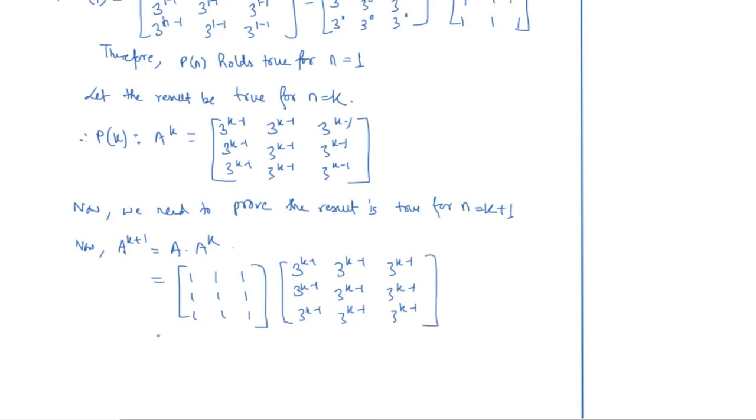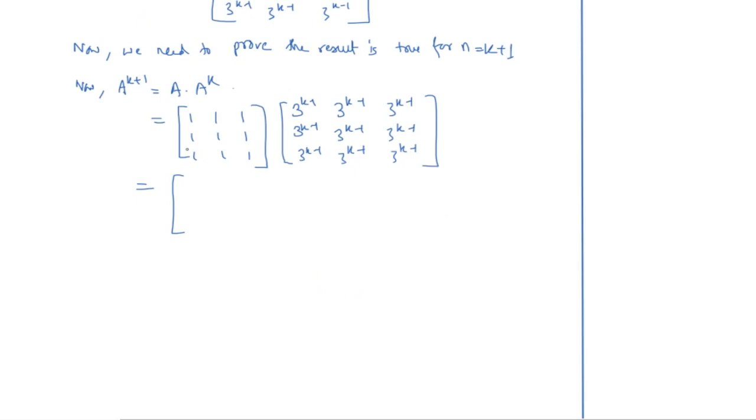Alright, now see, this is equal to 1 into 3^(k-1) plus 1 into 3^(k-1) plus 1 into 3^(k-1), for each element. Now this is exactly 3 into 3^(k-1).